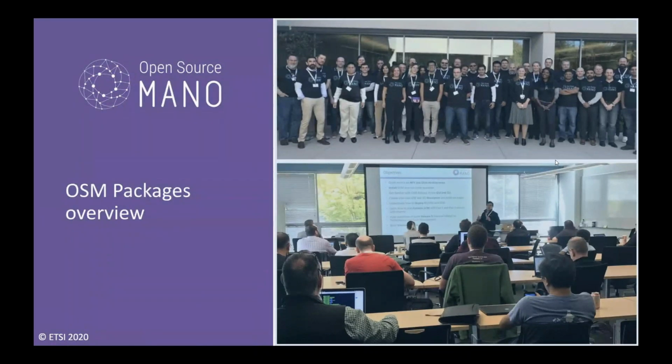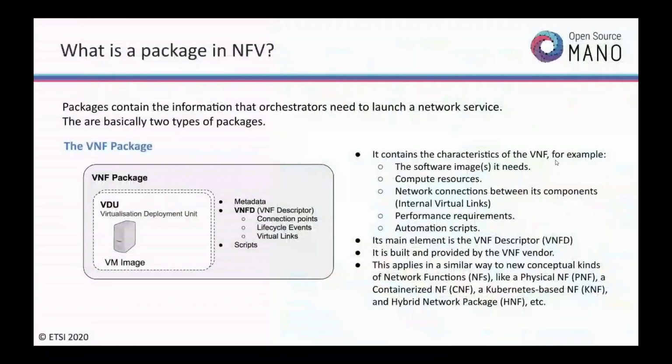needs a package. So in NFV, there are basically two types of packages: the VNF package, or virtual network function package, which contains all the characteristics of the network function. It's modeled in the package. So there is a descriptor following standards that describes how the network function needs to look like.